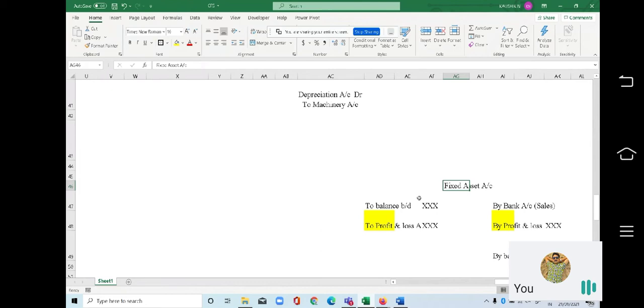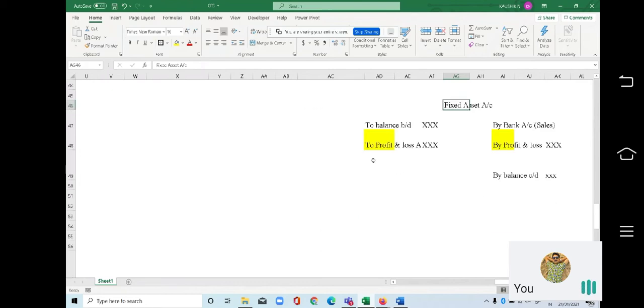When I'm doing that particular work, if suppose I'm getting a balancing figure on this side, then it will be mentioned as to bank account, that is nothing but it is purchases. It is the balancing figure.